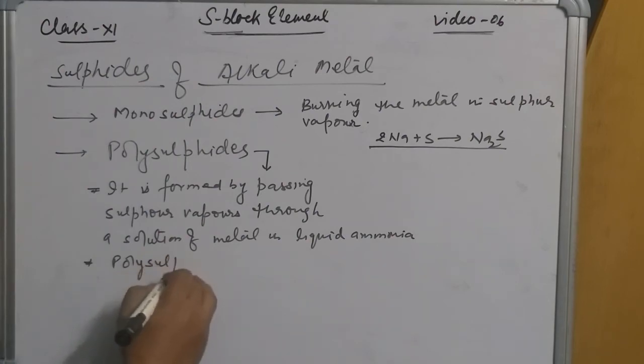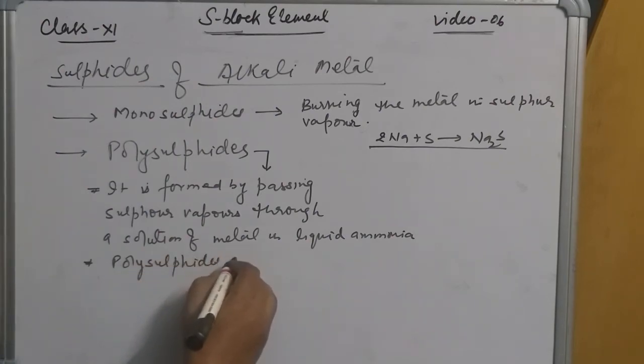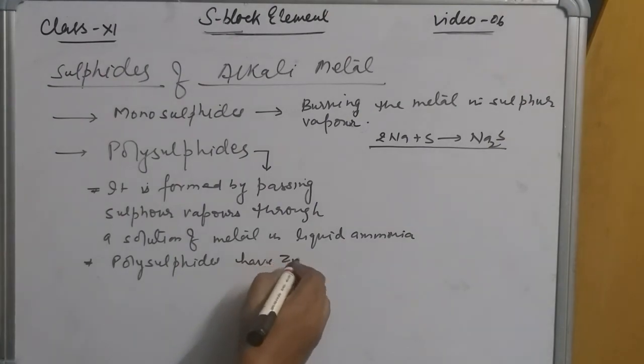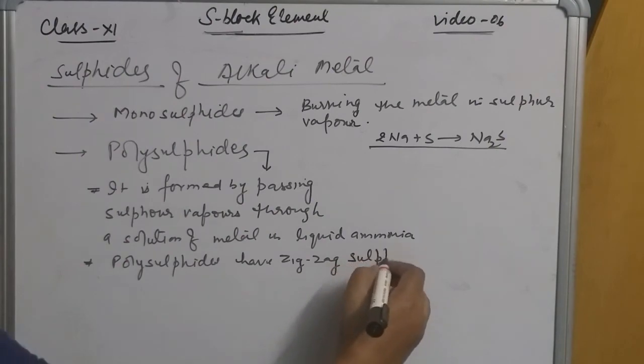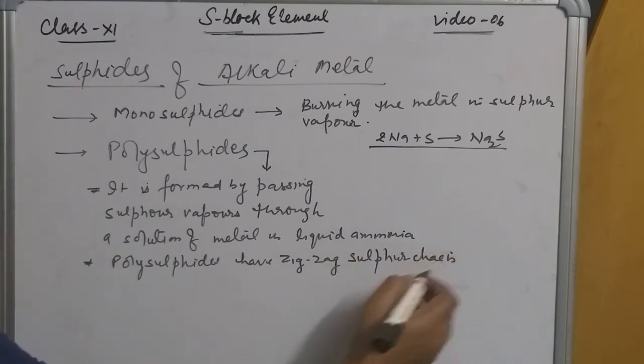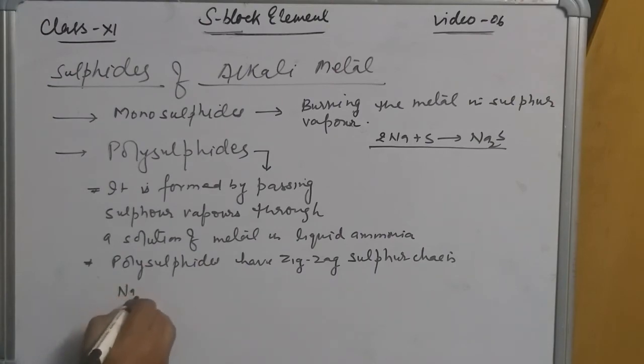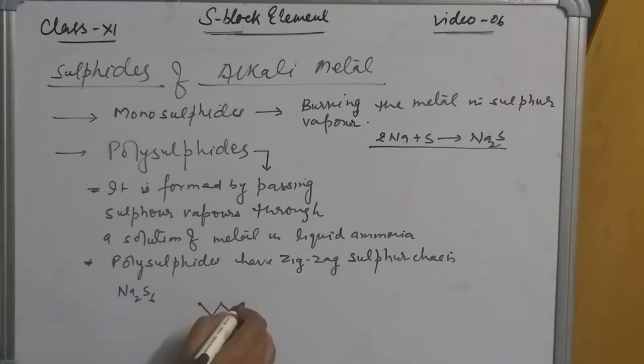Polysulfides have a zigzag sulfur chain. Na2S6 is formed like this: six sulfur atoms in a chain, 1, 2, 3, 4, 5 and 6, with Na plus. In this way polysulfides are formed.